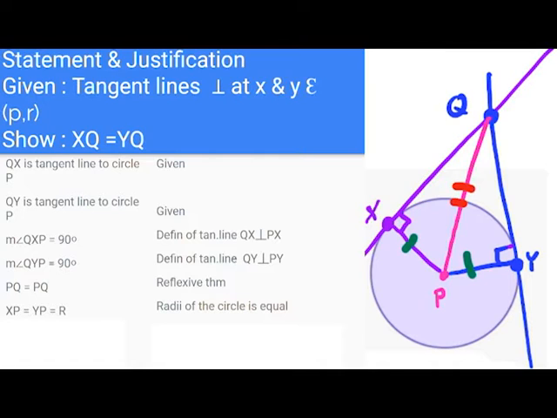Once you figure it out, we have XP equal to YP, and these two lines are equal. This line QP is equal to both lengths, then we can prove that triangle XQP is congruent to triangle QYP.